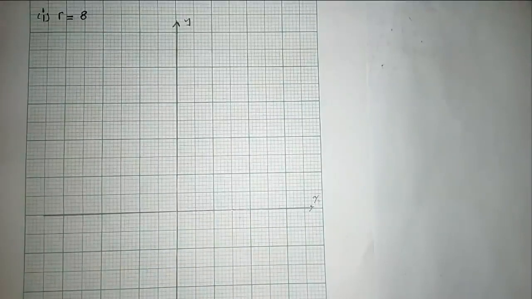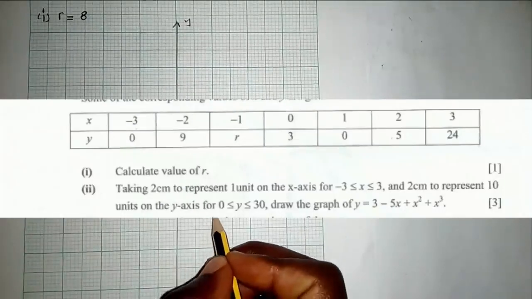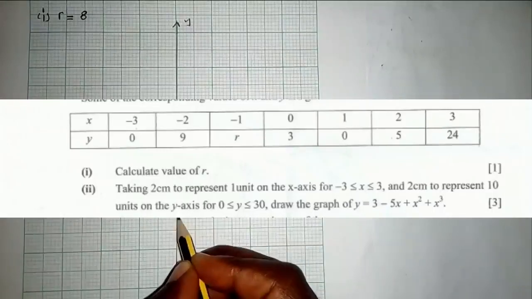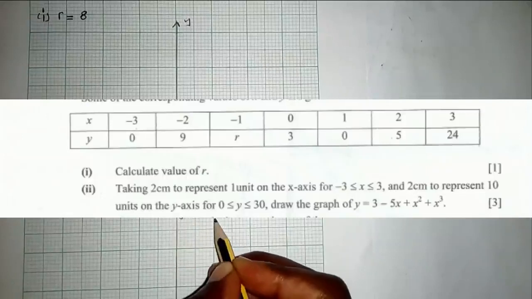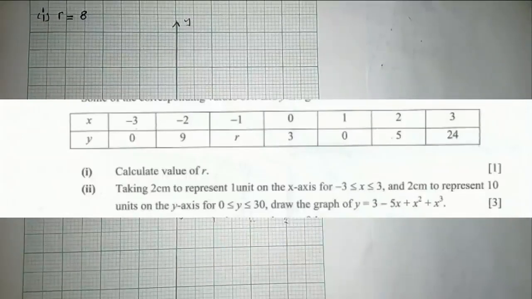It's 2 centimeters. And then they're saying, taking 2 centimeters to represent 1 unit on the x-axis for -3 is less than or equal to x, less than or equal to 3. So meaning, from here you'll be moving 1 unit. So this is 0. If this is 0, this will be 1, 2, and 3 over here.